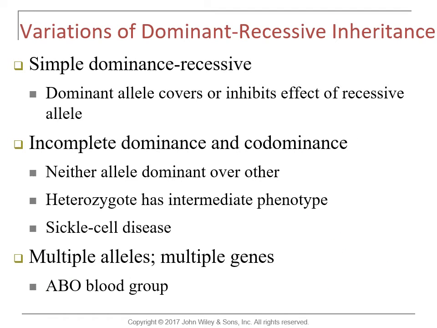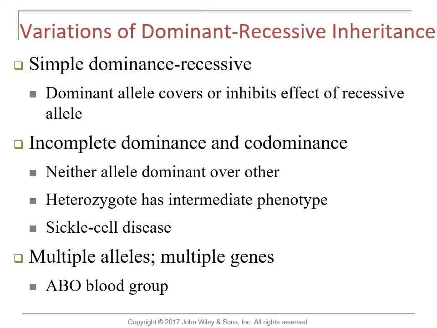Variations on dominant recessive inheritance. Simple dominant recessive inheritance is where the dominant allele covers or inhibits the effect of the recessive allele. It masks it. Most patterns of inheritance do not conform to the simple dominant recessive inheritance we just described, in which only dominant and recessive alleles interact.